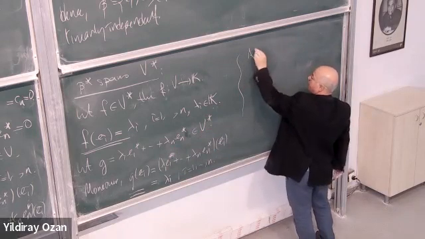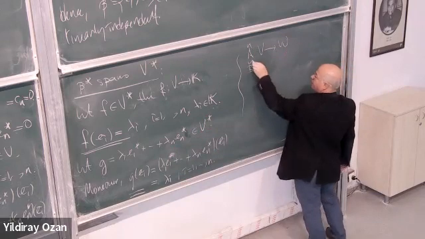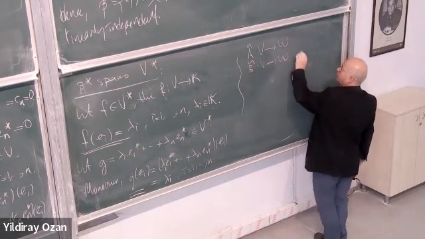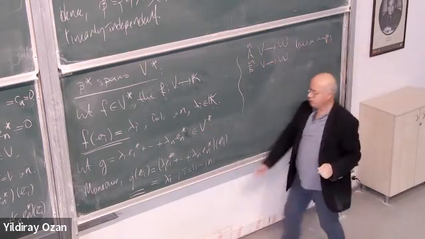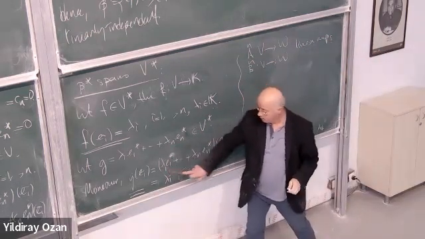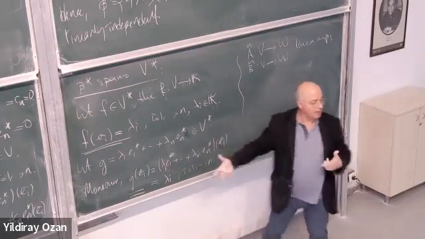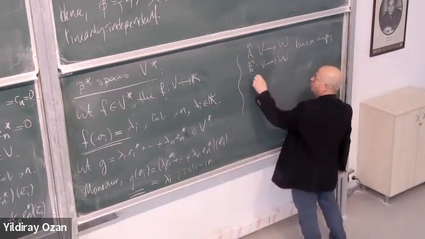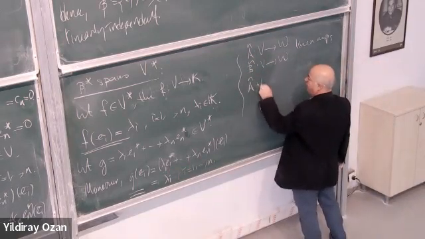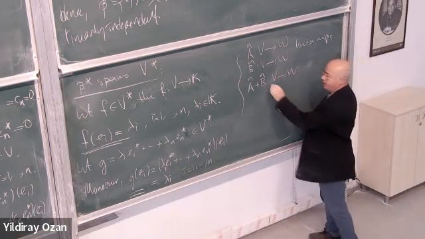Suppose A hat from V to W and B hat from V to W are two linear maps. Like this one, this is a linear map. This one is a linear map. I add them up and again we obtain a linear map. Why is that? Because if you have two linear maps, then A hat plus B hat is a map from V to W. That's clear.